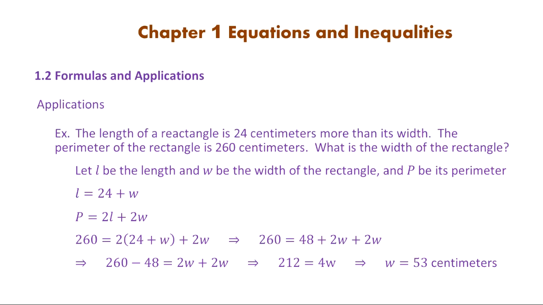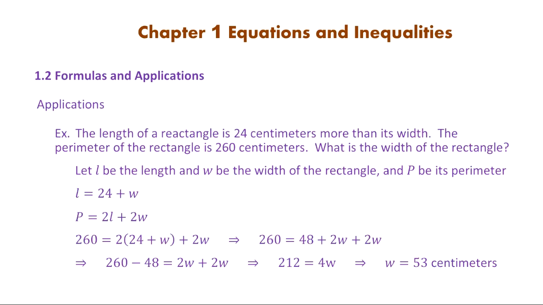So imagine you have a rectangle and the length is 24 centimeters more than the width, and we know the perimeter. When you have an application problem, a word problem, the very first step is always to assign a variable to the quantity you want to find, to the question asked in the problem. So we want to find the width of the rectangle.